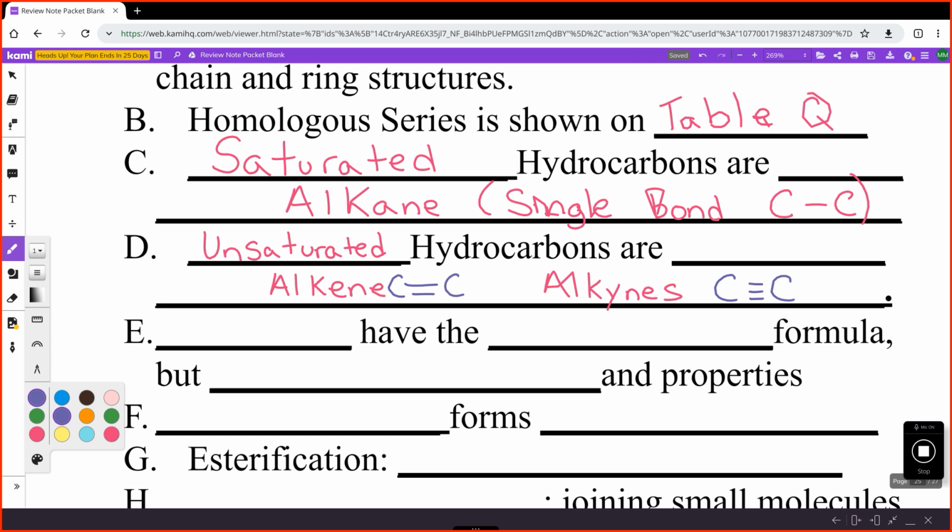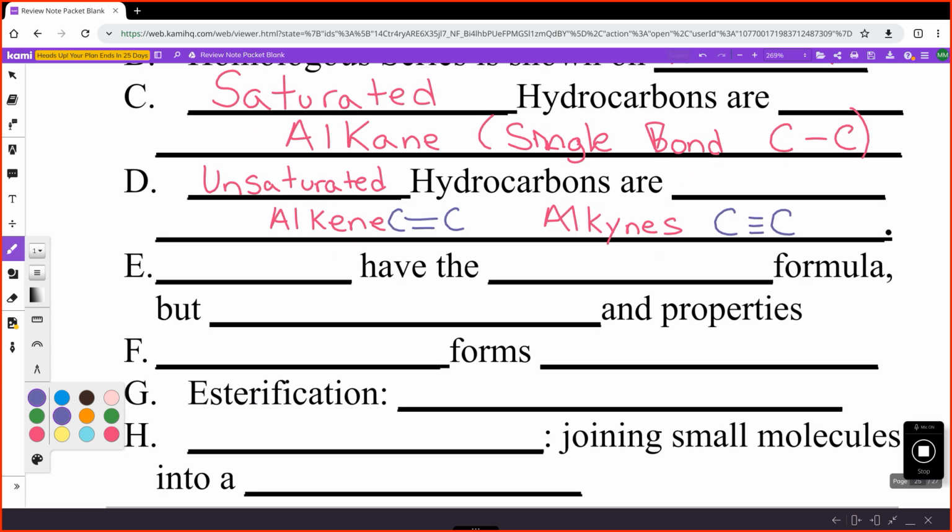Some other terms that you would have talked about during this unit that we definitely did is isomers. Isomers are organic molecules that have the same molecular formula, but they have different structural formulas.